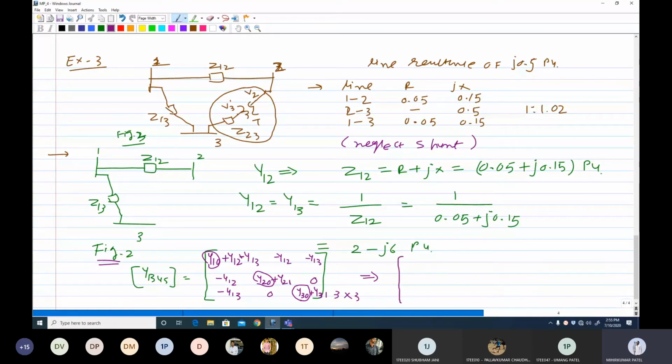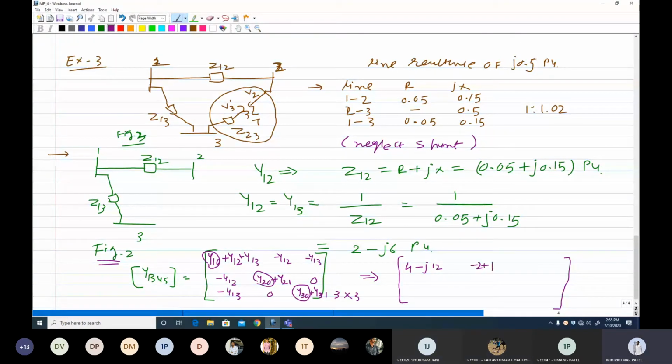So just help me to write down the final answer for this matrix for figure 2. Yes. Y12 plus Y13. What is the value of Y12 plus Y13? 4 minus j12. Yeah, very good. 4 minus j12. Yes. Then next Y12: minus 2 plus j6. Very good.